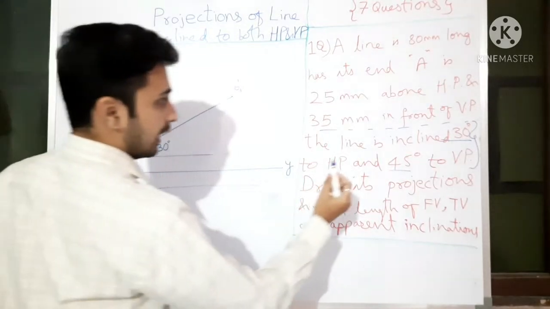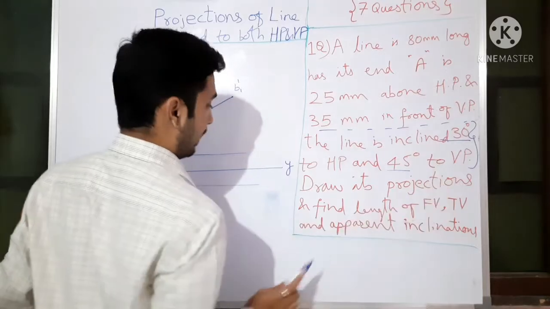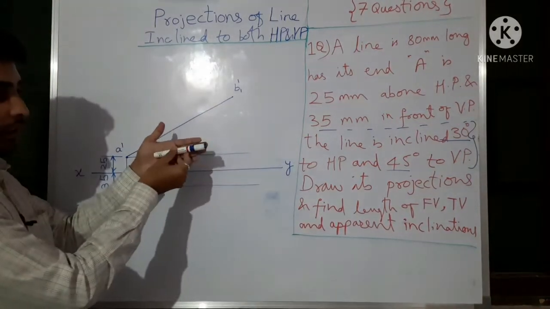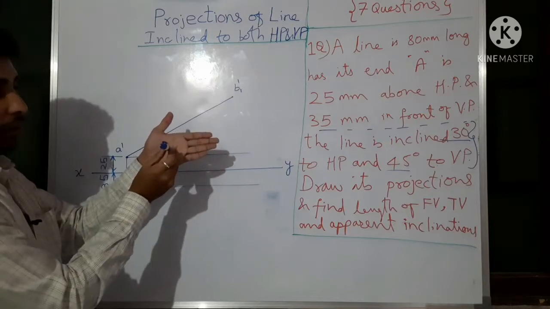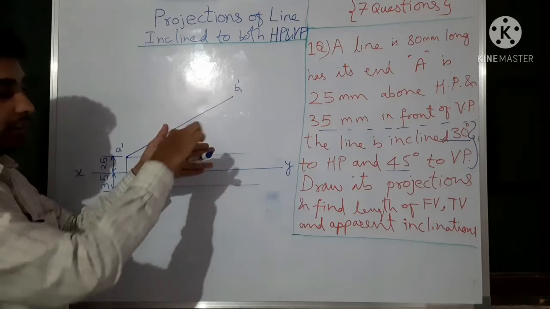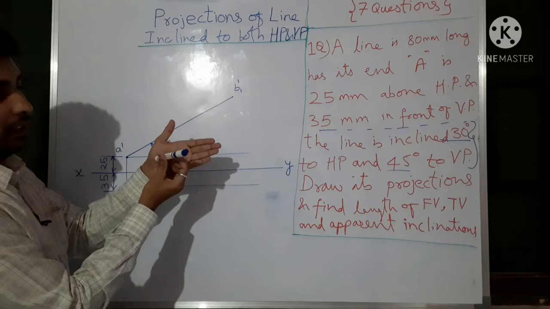Next, the line is also inclined 45 degree to VP. So with respect to VP inclination, we will take it in this way: parallel to VP, perpendicular to VP, inclined to VP, like this. So here inclination with respect to VP is 45 degree.